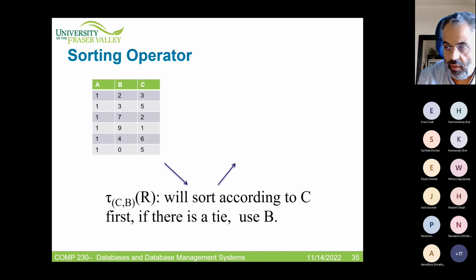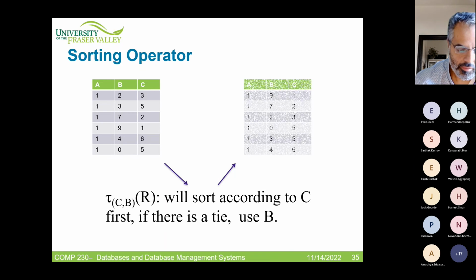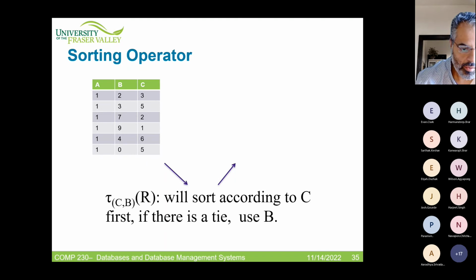Returning back to the sorting, yes, as you said, Josh, when I say tau, this is the operator. It means I have to sort based on C, and if I have a tie, which is an equal value in C, then I consider B. So let's take this here.